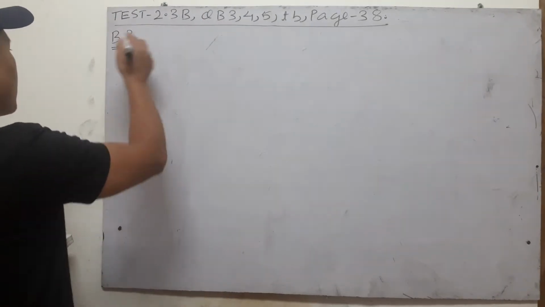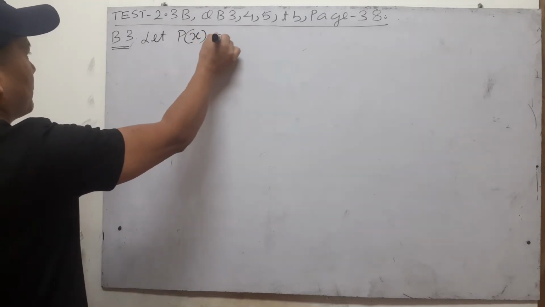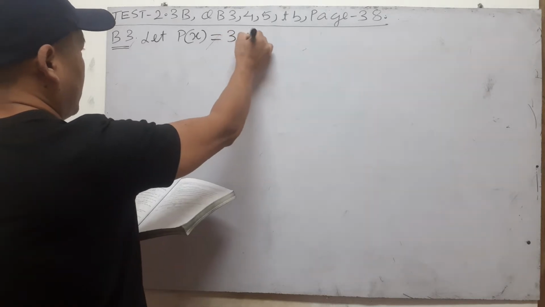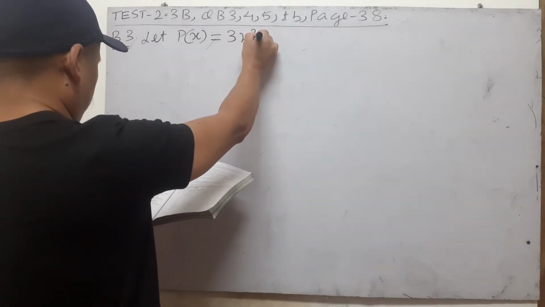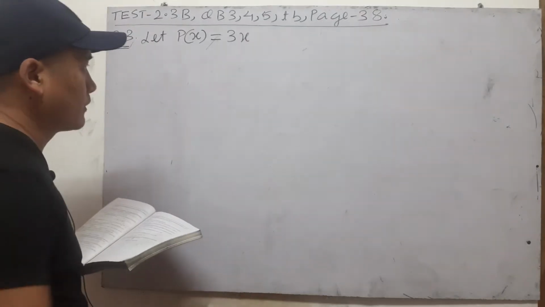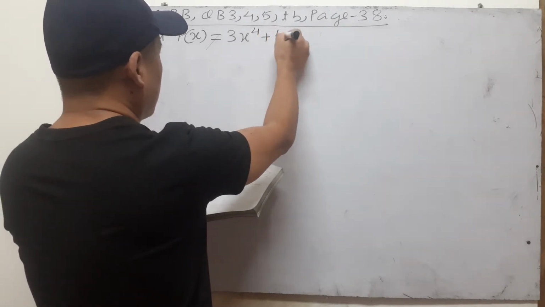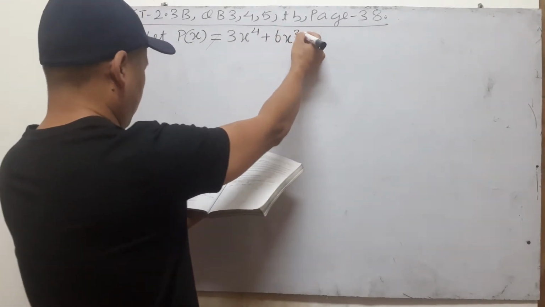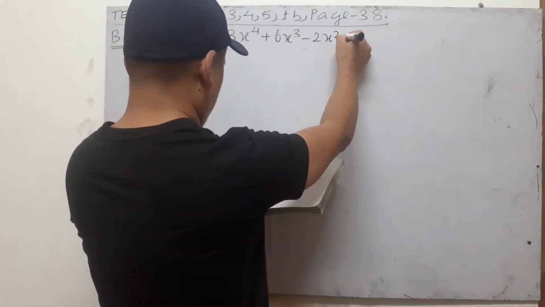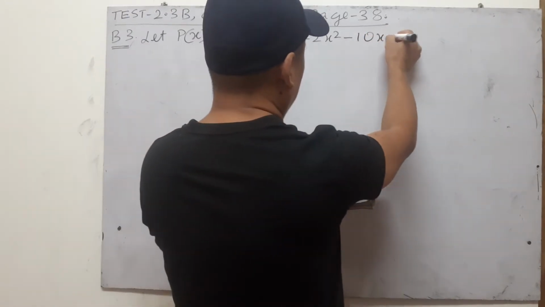So here, let us assume from the first step, let p of x be the given polynomial: 3x to the power 4 plus 6x cubed minus 2x squared minus 10x and minus 5.